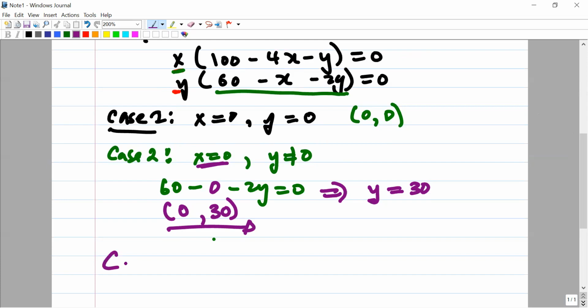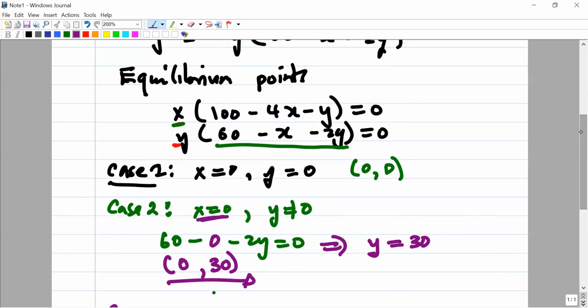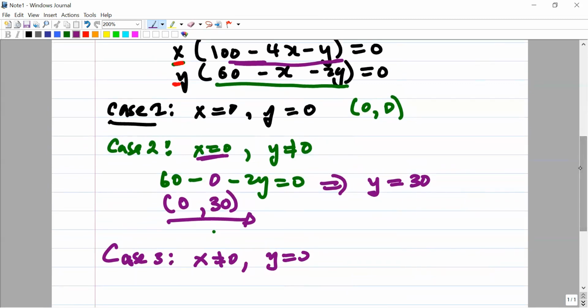Case 3, we are then saying x now may not be 0, but allow y to be equal to 0. If x is not equal to 0 here, then you are forced to take the expression in the bracket and set it to 0. So it means 100 minus 4x minus y equals 0.